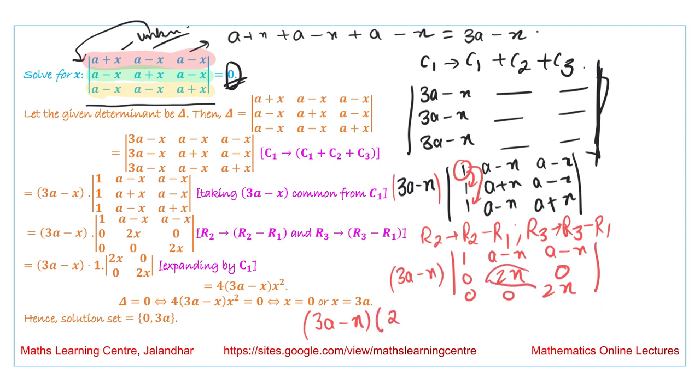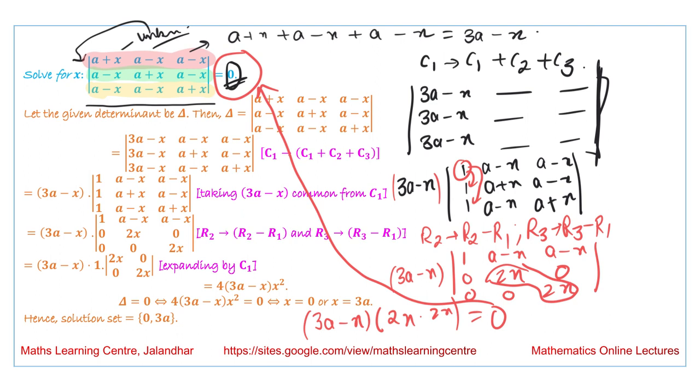When you open this determinant along this first column, the answer you will get is 2x into 2x, and it is given that this value is equal to 0. So what we obtain is either x is equal to 0 or x is equal to 3 times a. So this is the solution set for this equation.